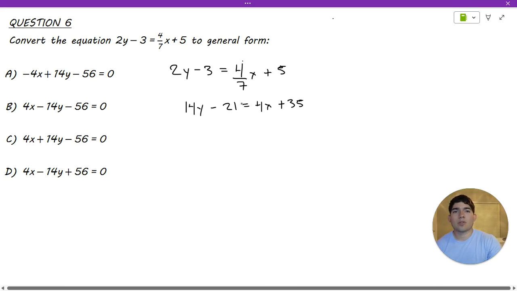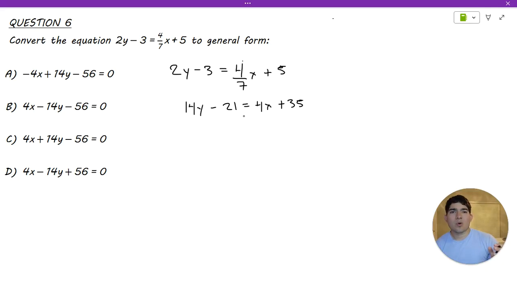So now, to move on with the general form, we need to make sure that it's in the order that I showed you. So x first, and then y, and then our constant is all equal to 0.